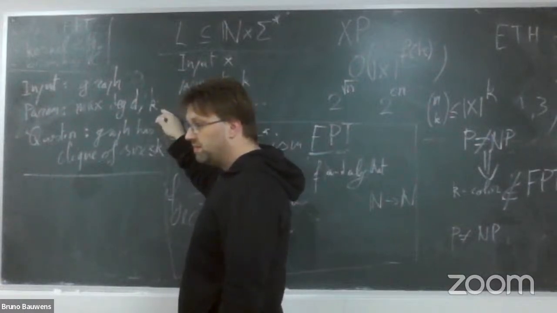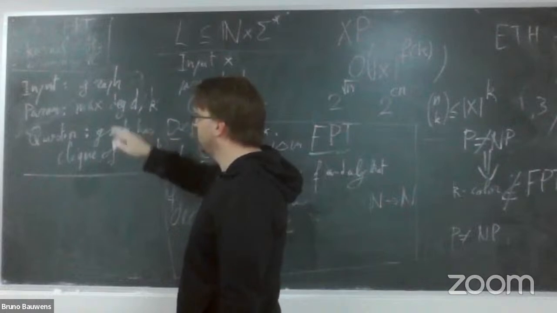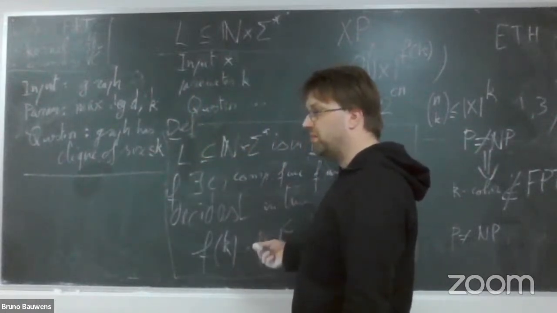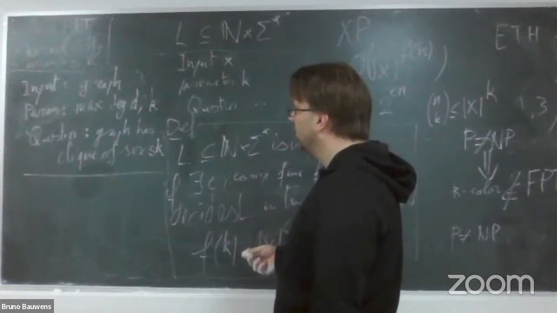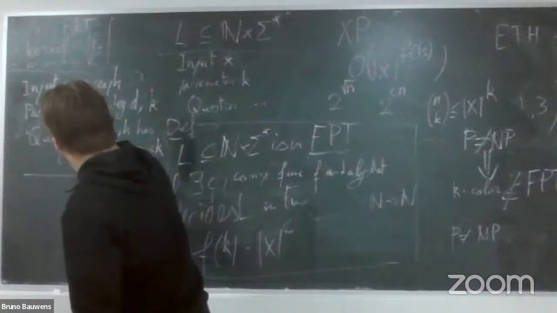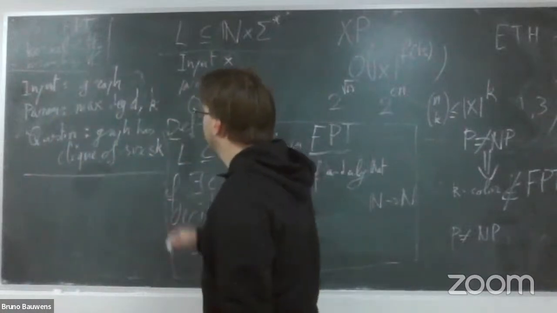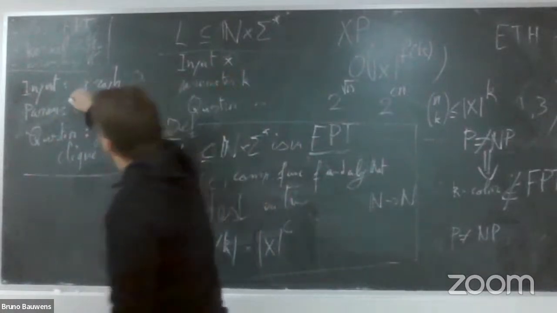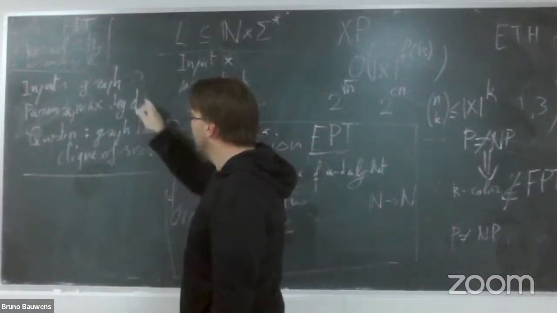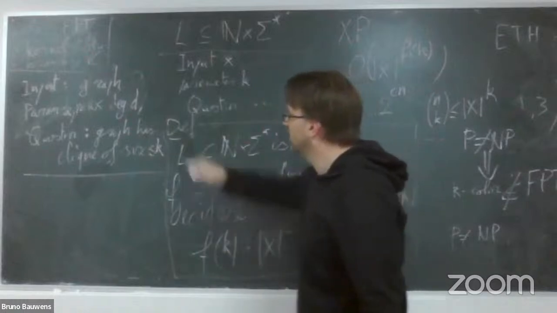What is the degree of a node? Every node has degree at most some parameter, the max degree. And k is the other parameter, the size of the clique.